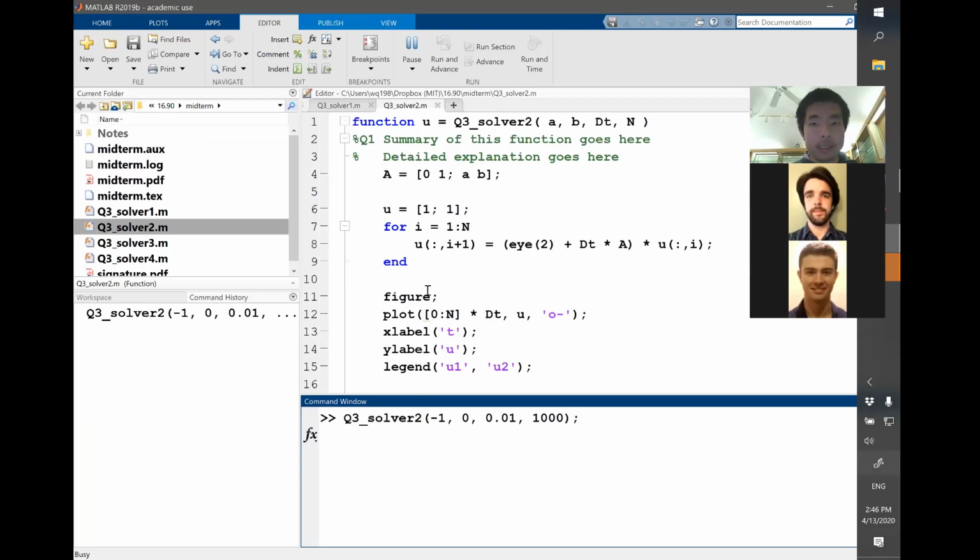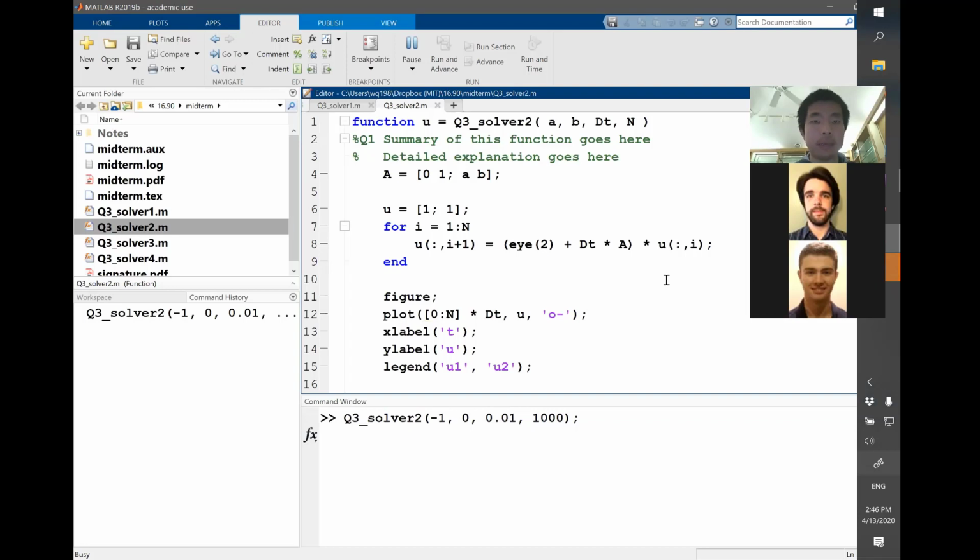what you're going to see is that the solution should oscillate without increasing in magnitude. So that's the analytical solution of the ODE. But if you run the solver, why is it so slow?